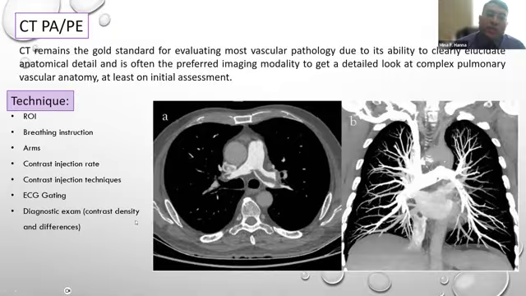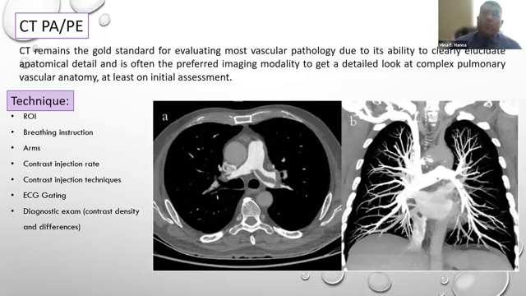Diagnostic exam contrast: we have to decide, as a clinician or as a radiologist, whether this exam is good to diagnose PE or not. If the contrast density in the pulmonary artery is more than 230 Hounsfield units, or 220 Hounsfield units, this is a good study. Usually it is from 300 to 400 Hounsfield units, but more than 230 is good.